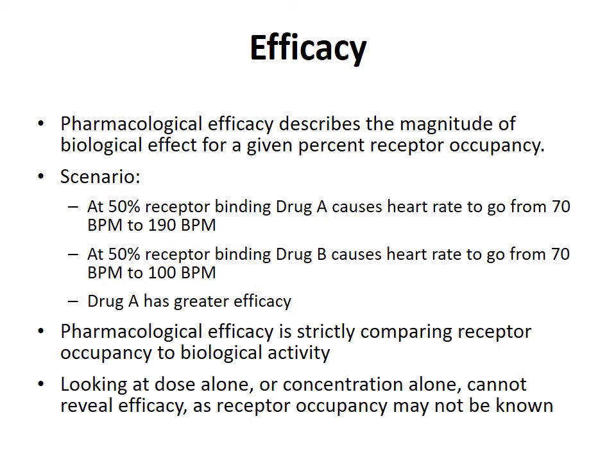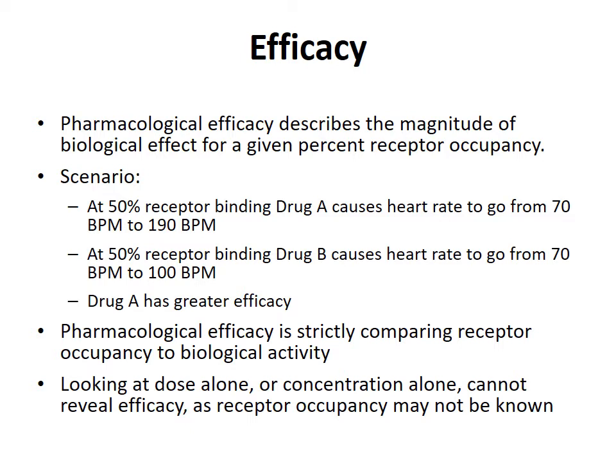This is a real simple one, and it's easy because if you're comparing the exact same percent receptor binding, which we are doing here, that's 50 and 50, and one of those drugs has a stronger response, we automatically conclude there's a higher efficacy. That would be drug A. They bound to the same number of receptors, but drug A produces a stronger response. So it's that simple. Pharmacological efficacy is only comparing receptor occupancy to biological activity.